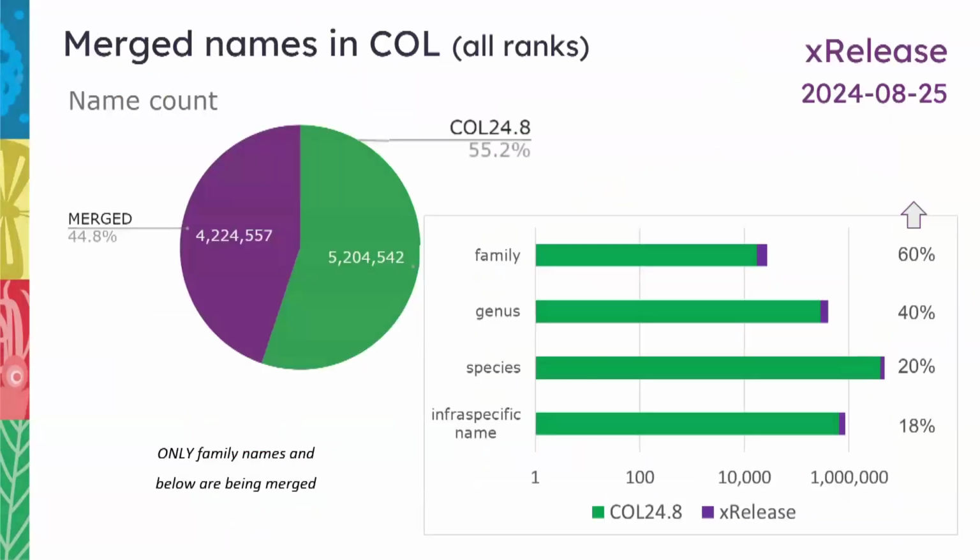In the latest version of the extended release, we merged around 80% more names into the Catalogue of Life. However, this number is constantly changing due to the adjustments we are continually making to the process. If we look at the names being added by rank, the largest increase is at the family level.